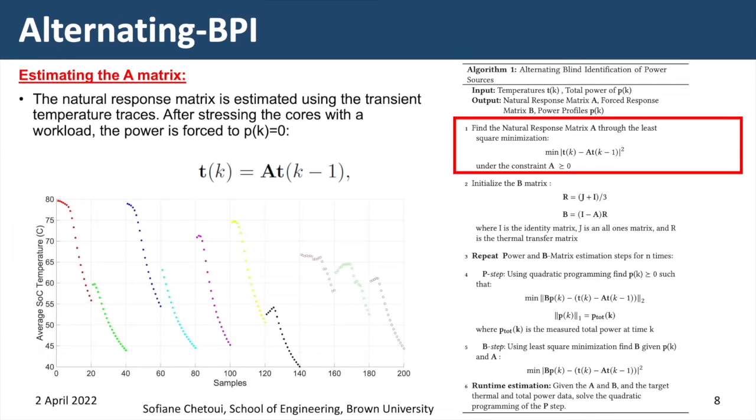Because the cooling process has information about the conductance of our circuit, and the conductance of our circuit is what represents the A matrix. We achieve this by stressing the cores with the workload, and then forcing the different cores afterwards to an idle state where Pk, the power consumption, is equal to 0.